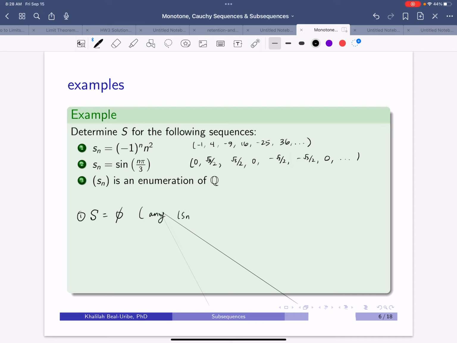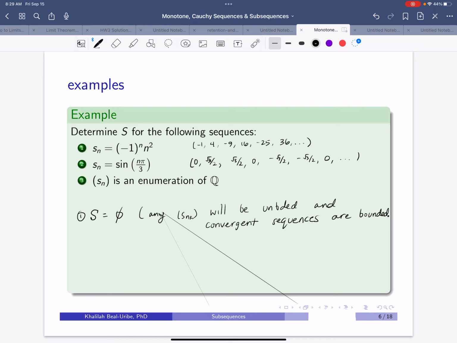Any subsequence will be unbounded, and convergent sequences must be bounded. So no subsequence is convergent.